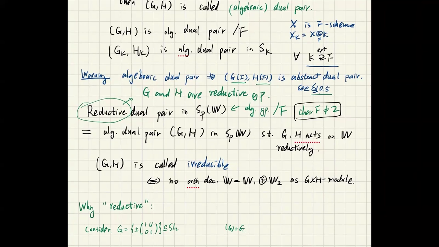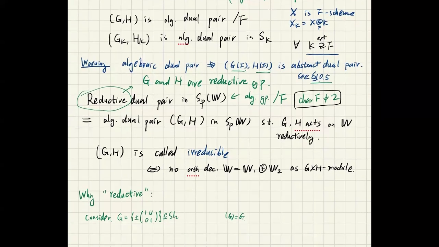What's the meaning of G and H acting on W reductively? It means that this action decomposes into a direct sum of irreducible representations, that is, the action is semi-simple.